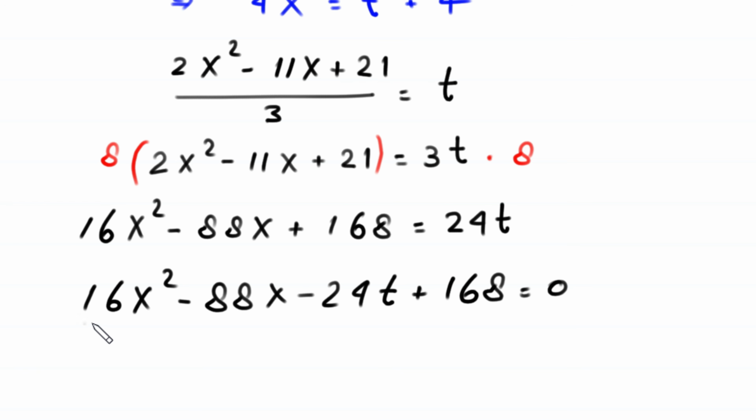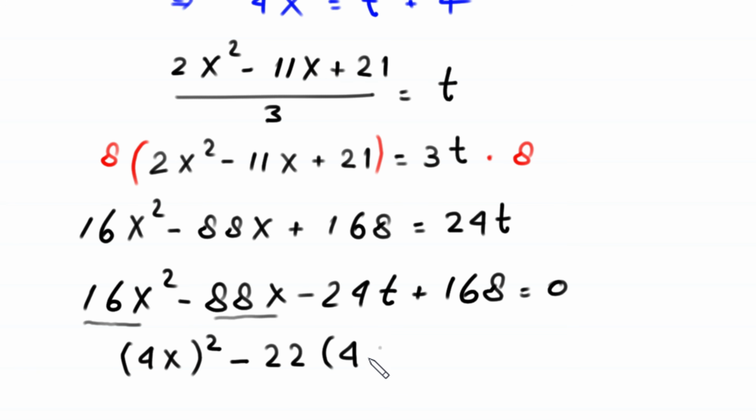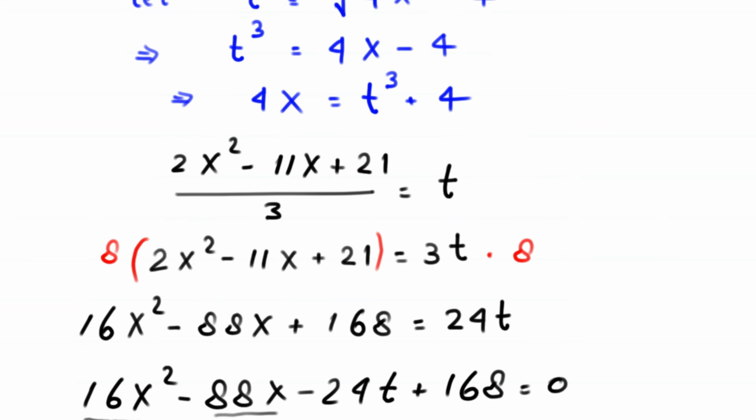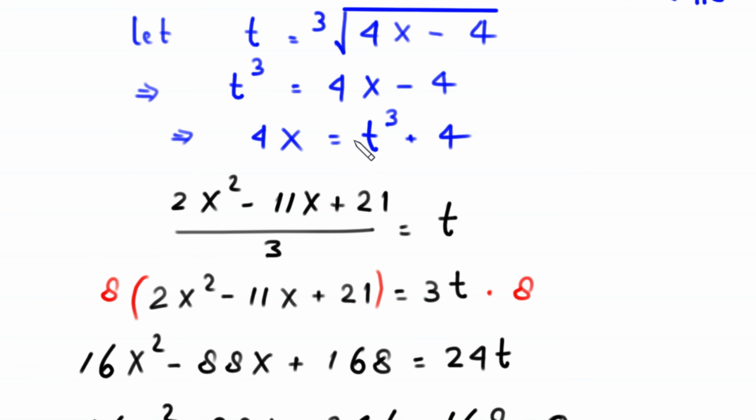Now this 16x squared can be written as (4 times x) whole squared, and this negative 88x can be written as negative 22 times 4x. These two terms remain the same, negative 24 times t plus 168 equals 0. Now we replace this 4x and this 4x with this value of 4x, t cubed plus 4.